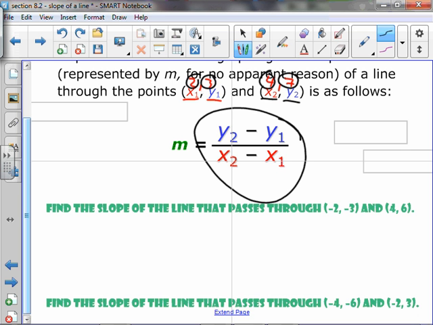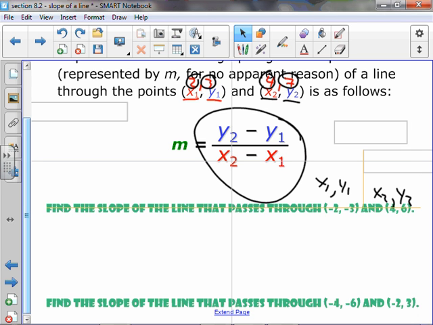So right now, we're going to find the slope of the line that passes through -2, -3, and 4, 6. What I'm going to do is pick one of these points to be x1, y1, and the other one to be x2, y2. For the first one, I'm going to do it both ways to show you that you get the same answer both ways. Okay?